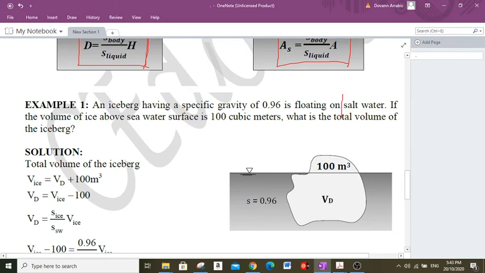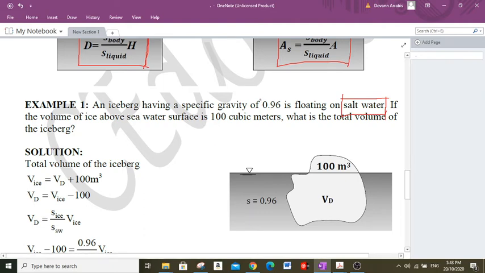Salt water is our fluid in this example. If the volume of ice above the sea water surface, or this surface, is 100 cubic meters, what is the total volume of the iceberg?